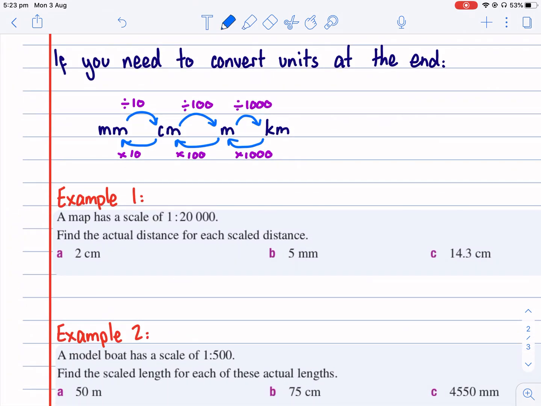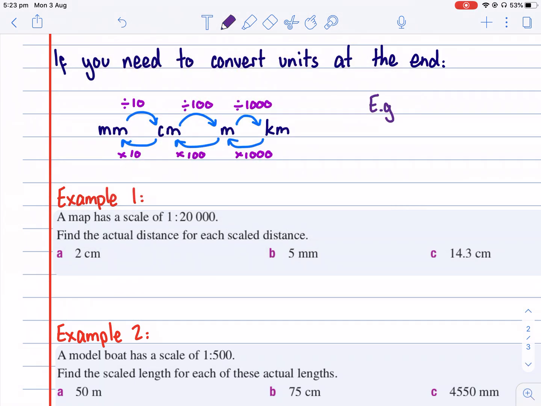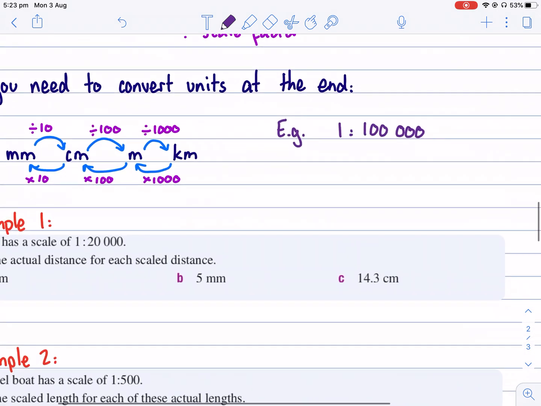This last bit is just a reminder, quite often you've got to convert your units. So for example, if I've got 1 to 100,000, which is a fairly common scale, and it's 3 centimeters in the drawing, then I do 3 times 100,000.